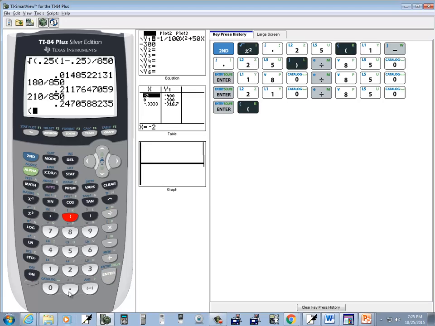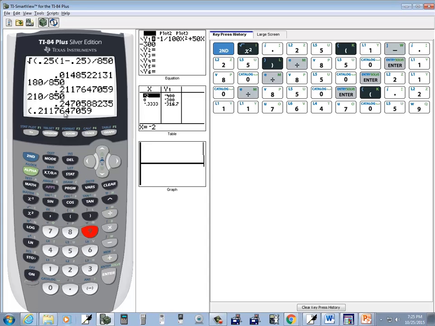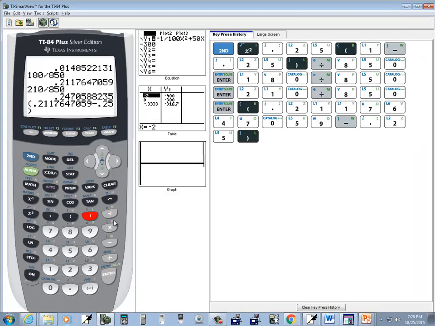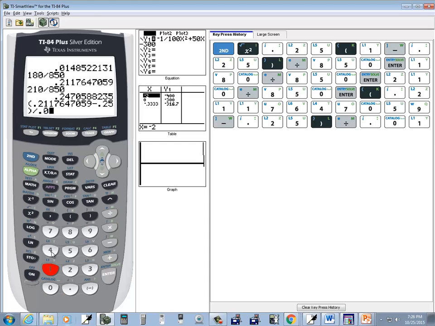Open parentheses, 0.2117647059 minus 0.25, close parentheses, divided by 0.0148522131.